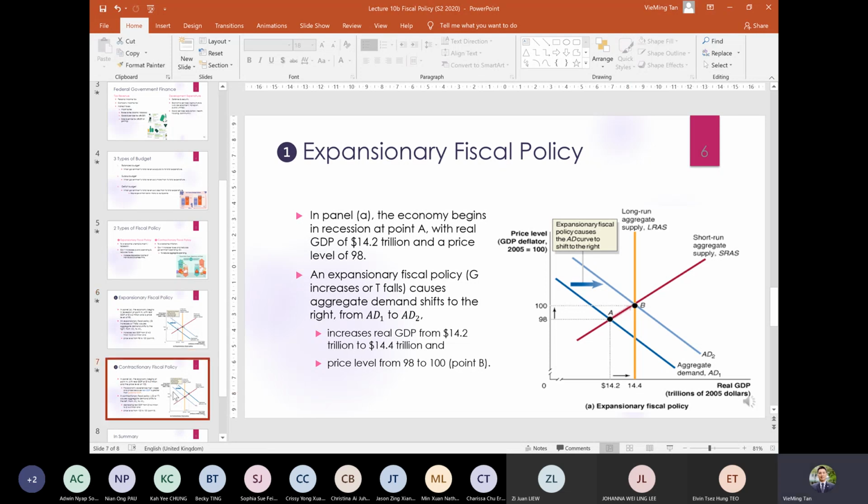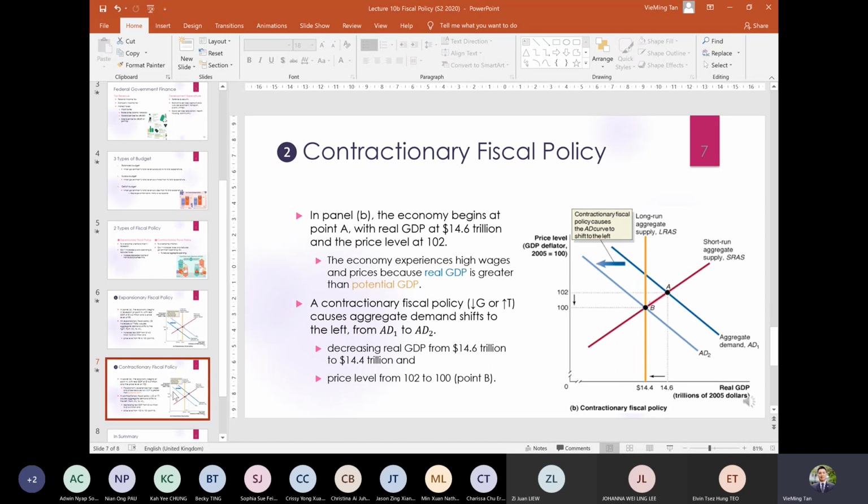On the other hand, what happens with contractionary fiscal policy? Assuming that the original macroeconomic equilibrium point is at point A here, this is the general price level of the goods available in the country, and this is the original GDP of the nation.